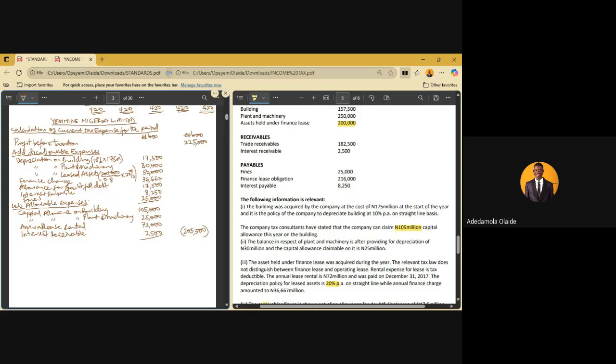What about the disallowable? The other is 134,917. So what do we have as the taxable profits?